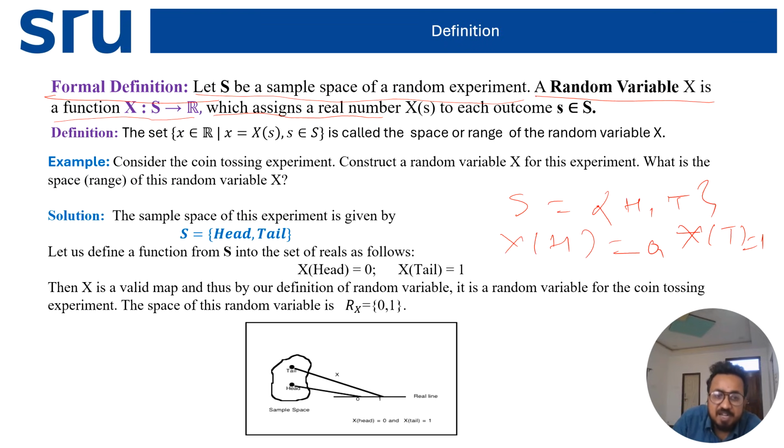So we can see that this is a valid map by our definition, and it is also a random variable for the coin tossing experiment, and the space for this random variable will be Rx equal to {0, 1}. So now we understand the concept of random variable.